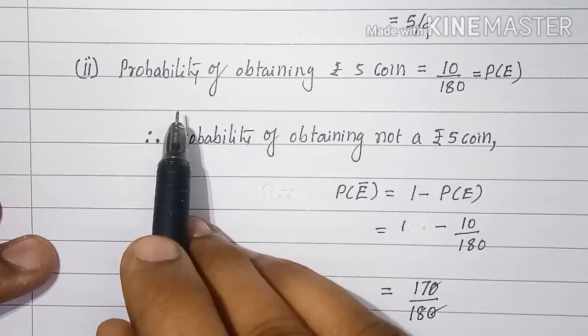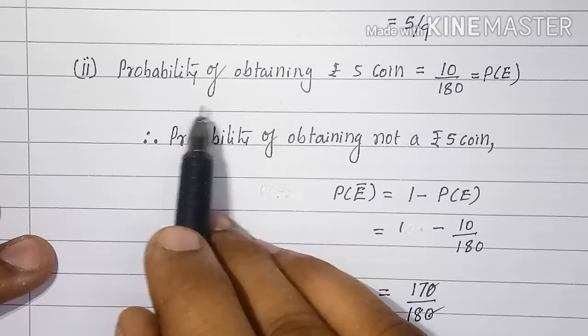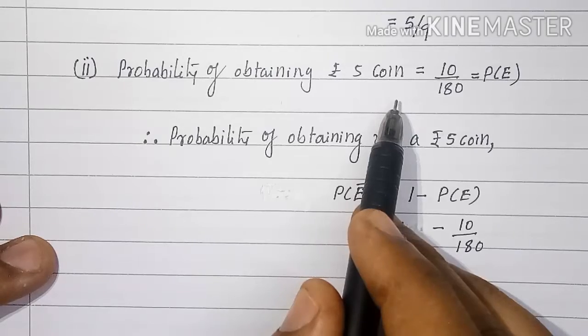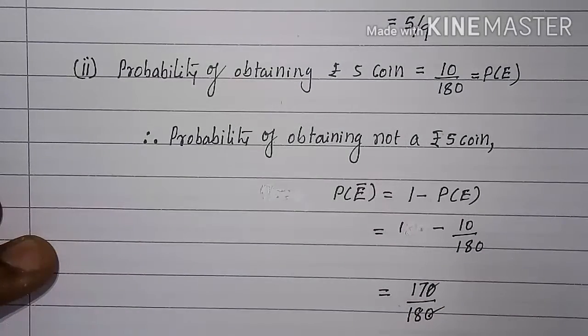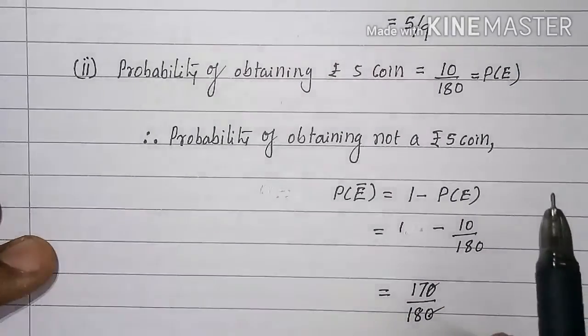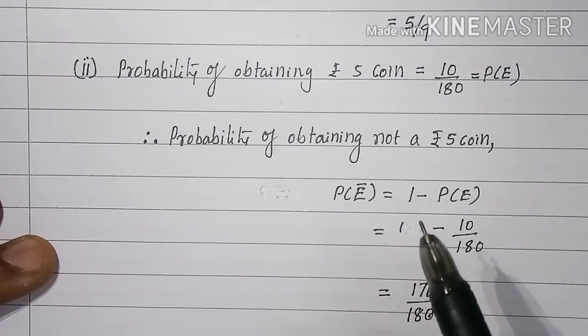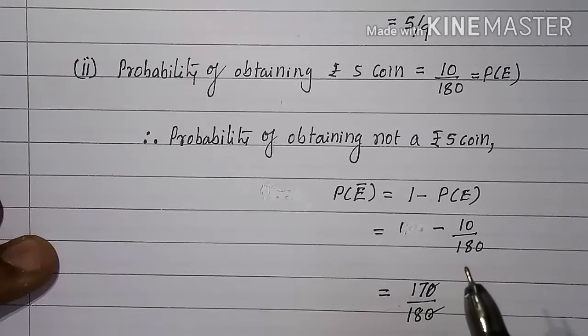In second part we have to obtain probability of obtaining not a rupee 5 coin. For that what we will do is, we will calculate probability of obtaining rupee 5 coin and then we will subtract it from 1.